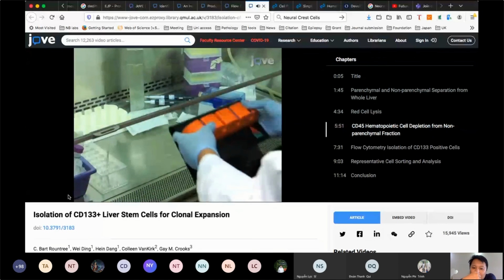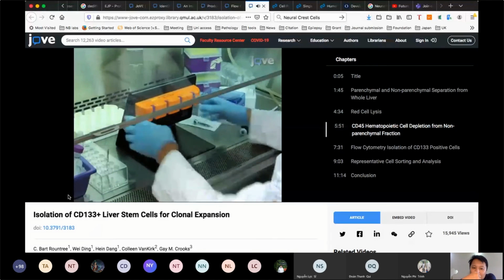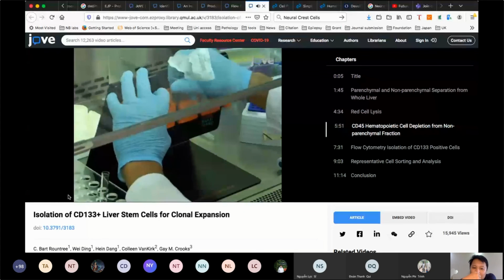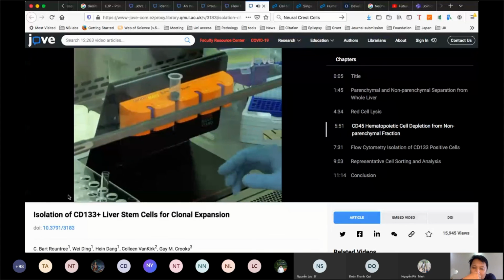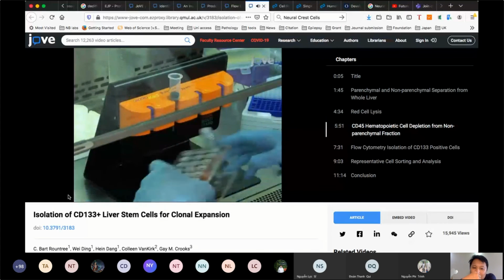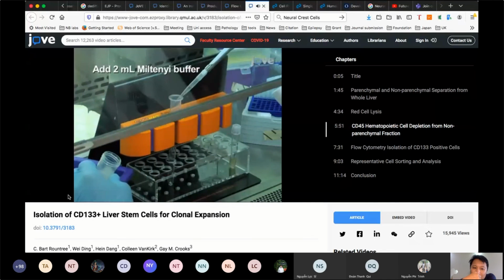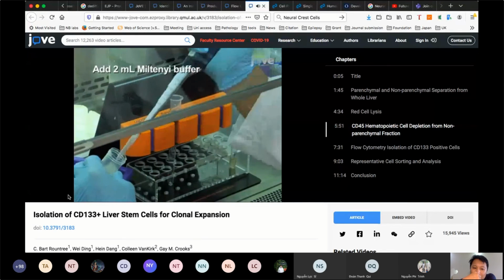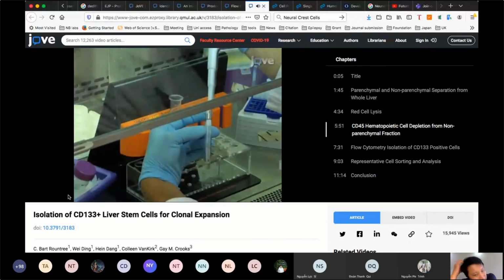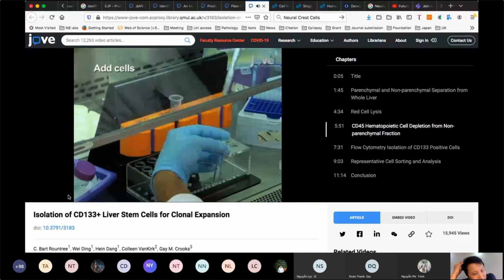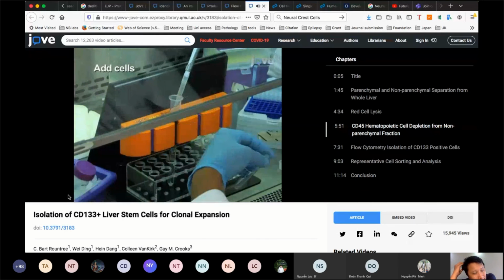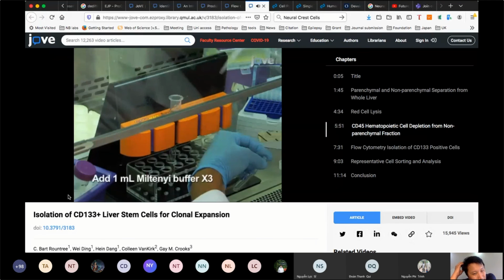In a laminar flow hood, place a Miltenyi LD magnetic column in a magnetic holder. Place a sterile 5 milliliter tube below the filter to catch the filtrate. Then load 2 milliliters Miltenyi buffer to perform a filter pre-wash. Once the wash is complete, load the cells onto the column. Once the cell suspension is within the column, add 1 milliliter Miltenyi buffer to wash the column.